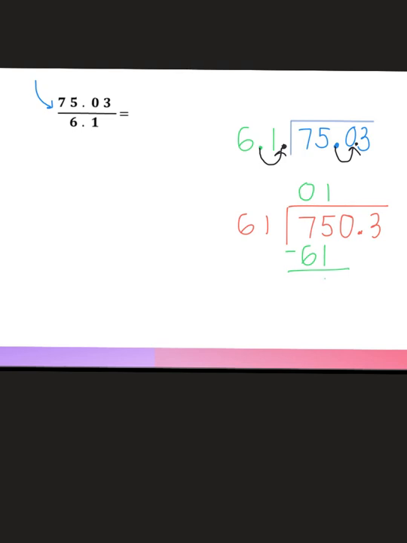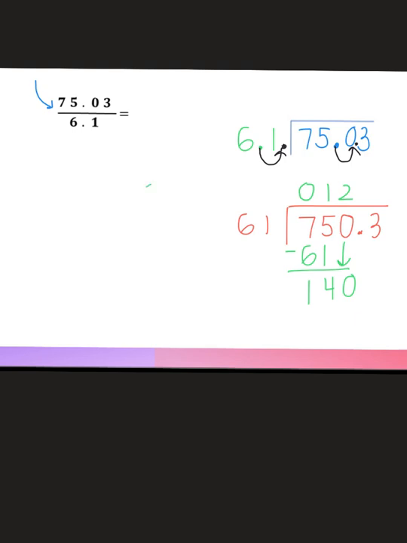Well, 5 minus 1 is 4. 7 minus 6 is 1. And then bring down your 0. 61 can actually go into 140 2 times. And if you don't know that off the top of your head, remember you can trial and error, do some multiplication off to the side.